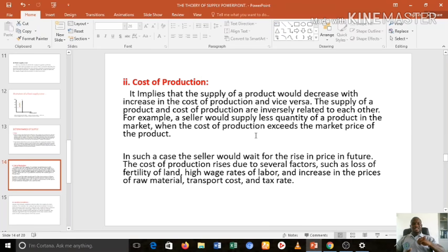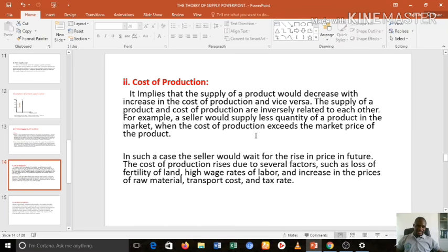Now, if they spend high in producing the good, generally, if the cost of production is higher than the price, are we there? Listen to me very well, students. When the cost of production is higher than the selling price of the good in the market, generally they realize that they are going to make losses, right?